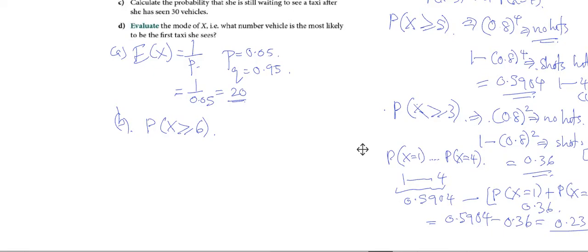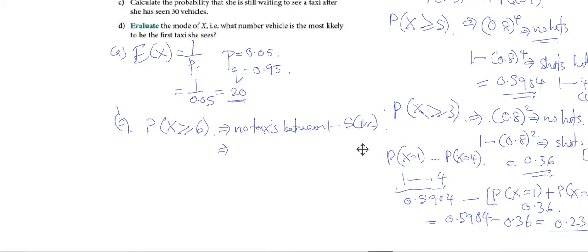If she sees one only on the 6th vehicle and onwards, meaning there are no taxis between 1 to 5 inclusive.